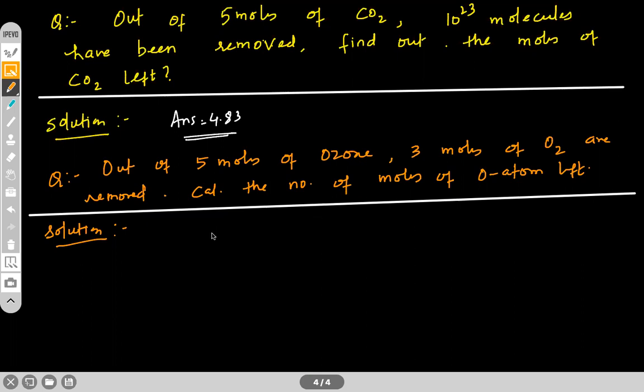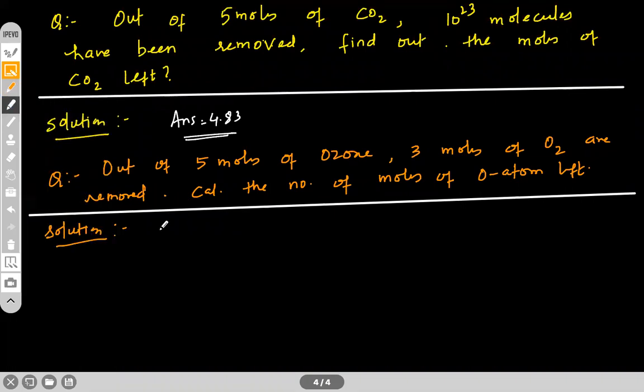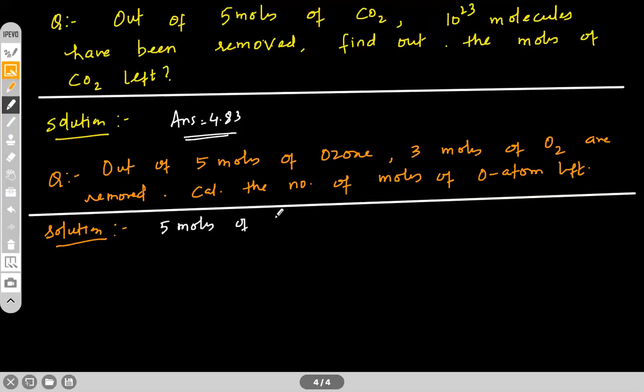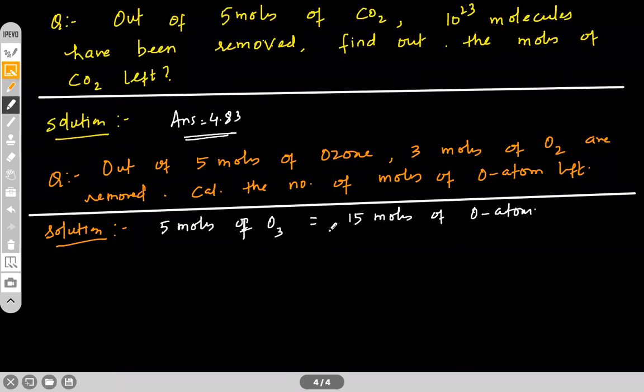So how do we do this? 5 moles of ozone. Ozone is O3, so it has 15 moles of oxygen atom, because 1 mole has 3. So 5 moles has 15.